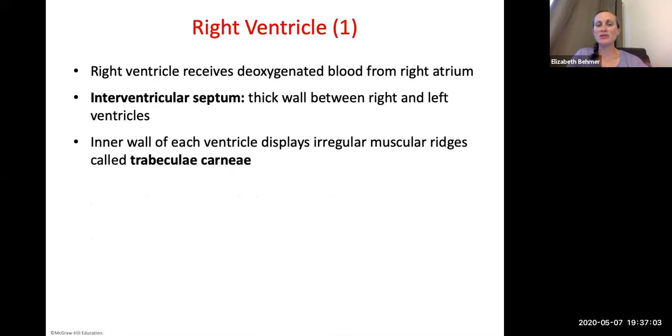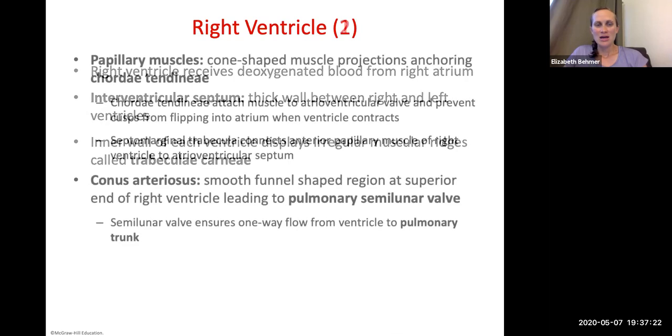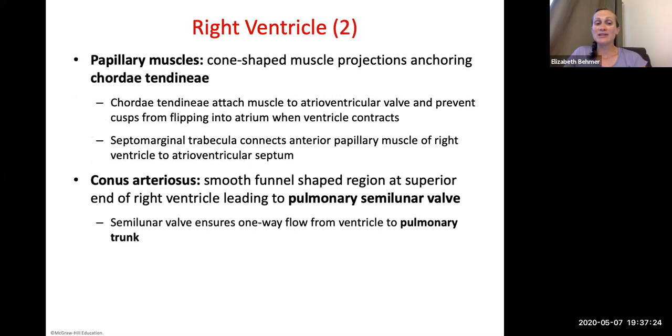The right ventricle then receives the deoxygenated blood. There's another septum, which is a thick wall between the right and left ventricles called the interventricular septum. And there are irregular muscular ridges within each ventricle, and those are what we call the trabeculae carneae. Papillary muscles within the ventricle are cone-shaped muscles.